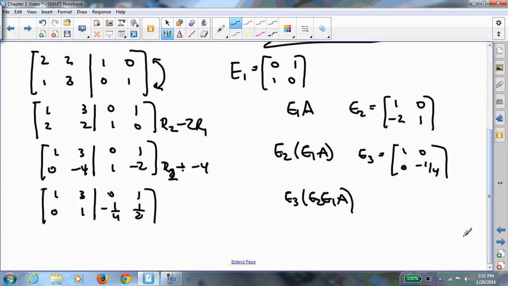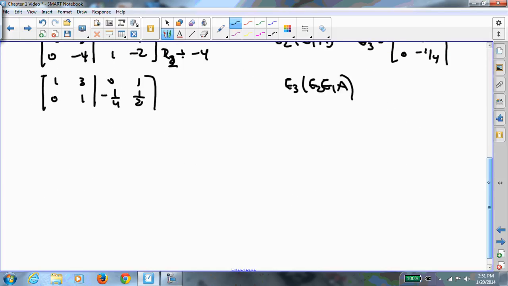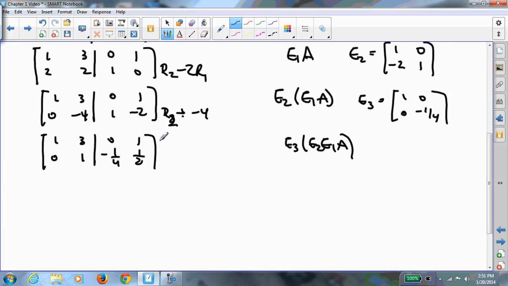Almost there, which is why I wanted to do a 2 by 2. Now I'm going to do, let's do row 1 minus 3 row 2s. So that's going to be E4.